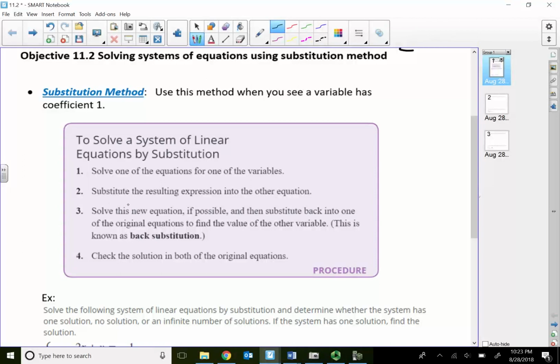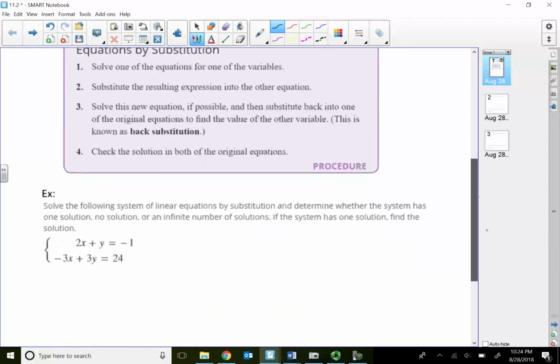Then we're going to substitute the resulting expression into the other equation, solve this new equation if possible, and then substitute back into the original equation to find the value for the other variable. So let me show you real quick.